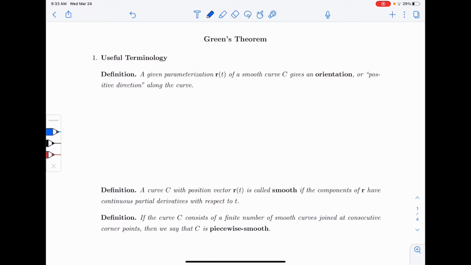So first, a given parameterization r of t of a smooth curve C gives an orientation, or a positive direction, along the curve. So if we have some curve, let's say C, then we can have that curve start at some point, say r of a, and finish at some point, say r of b.